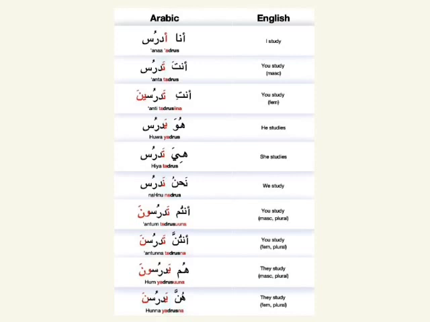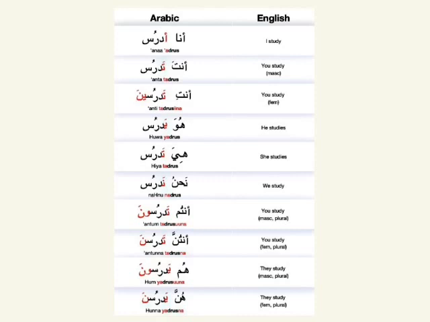We add a ta at the beginning of the root, a waw, a noon, and a feta at the end of the word. If we want to say "you study" for a female group, we say entunna tedrusna. We add a ta at the beginning of the verb, a noon, and a feta at the end of the verb.